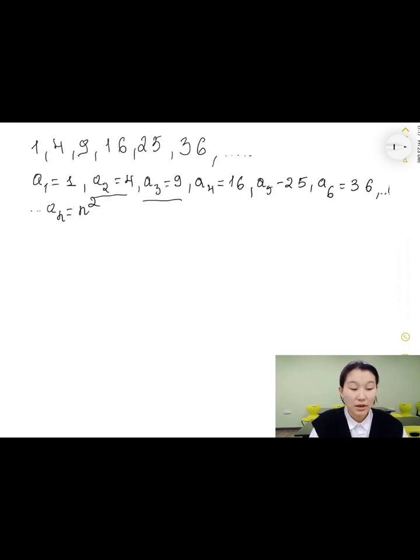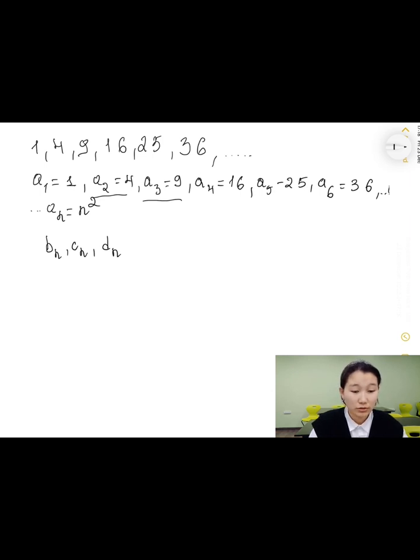Since it's just a matter of notation, we can use another letter instead of the letter a. For example, we can also use bn or cn or dn as a name for the general term of a sequence.